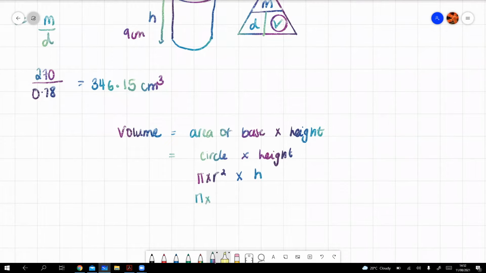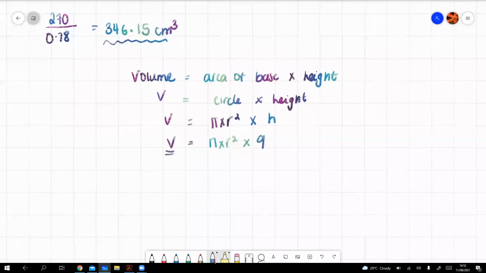So pi times radius squared. What's the height? The height's 9. All that is equal to the volume. But I know what my volume is: 346.15 centimeters cubed. So let's replace that. 346.15 equals pi r squared 9.